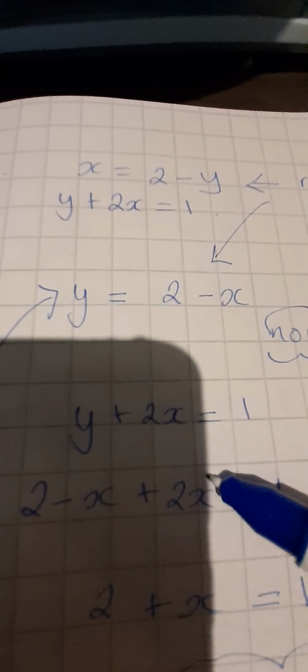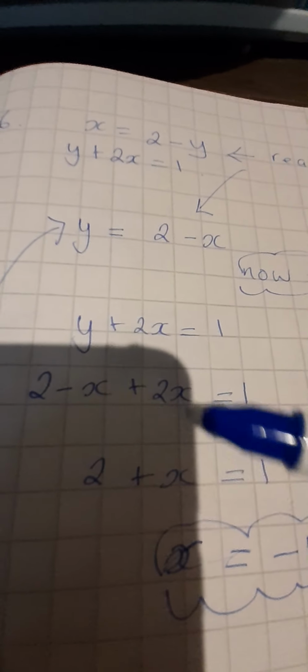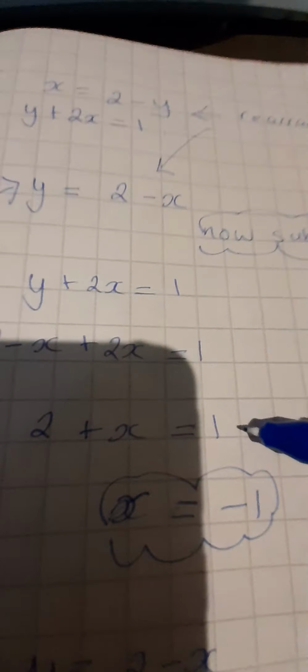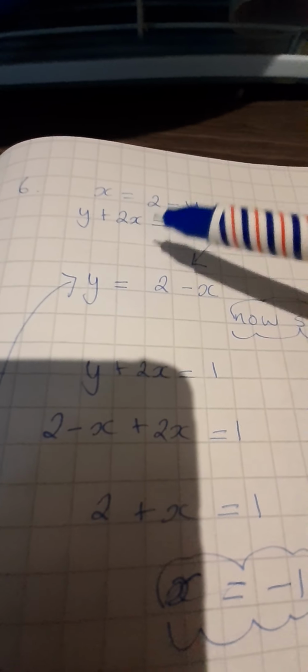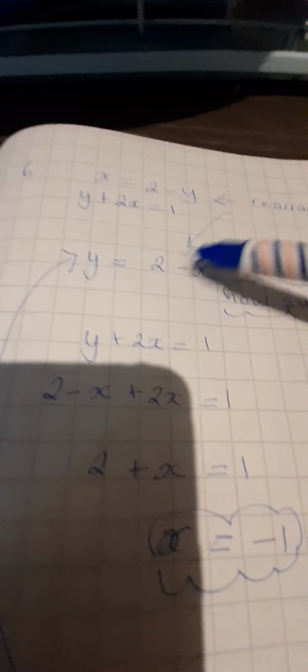Still got your add 2x plus 1. So you've got your 2, and this becomes x. 2x plus 1. 2 plus x is 1. So x must be minus 1. So this is called substituting, where you make one of the equations equal to one of the letters, and then you can substitute that letter with your expression.